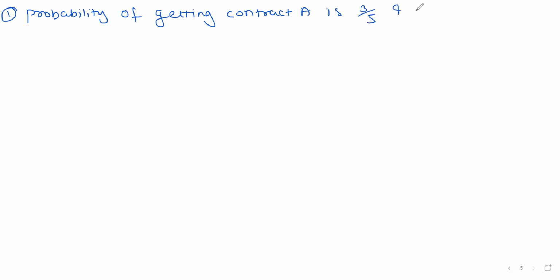Let us test this now. Probability of getting contract A is 3/5 and contract B is 1/6.